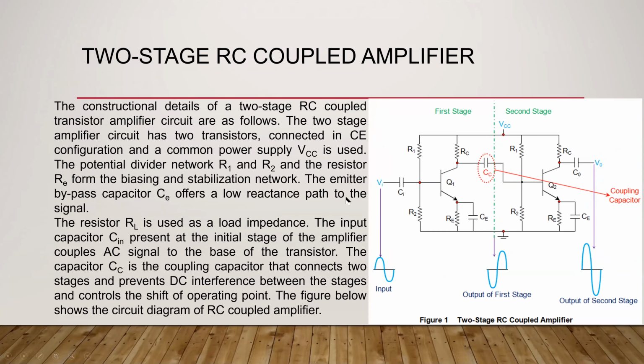Due to the connection of two different networks, the output resistance of the first stage may not be equal to the input resistance of the second stage. Suppose we use it as a voltage amplifier.